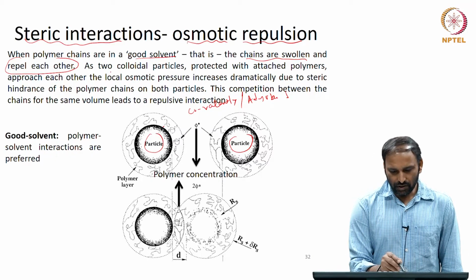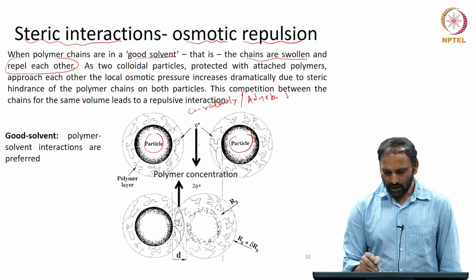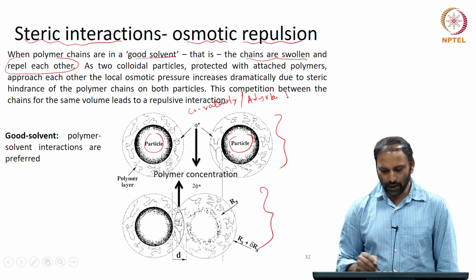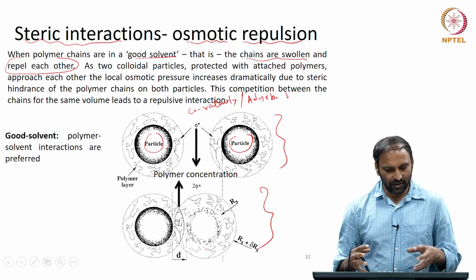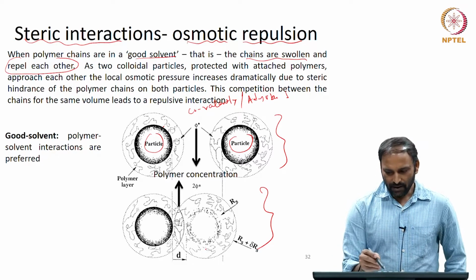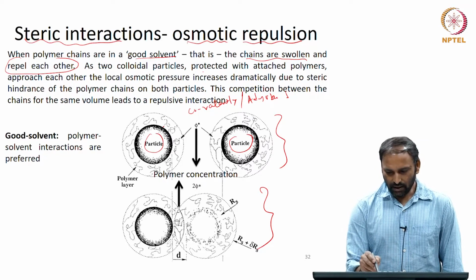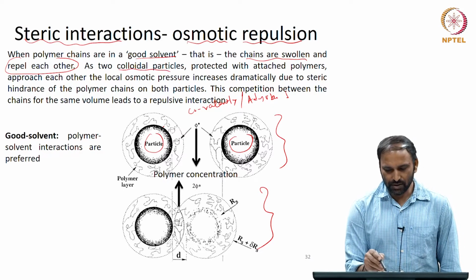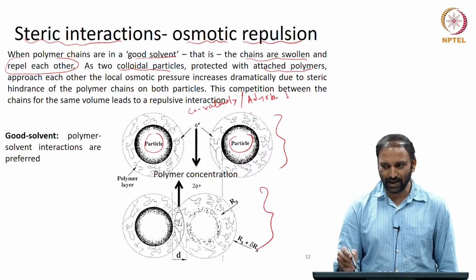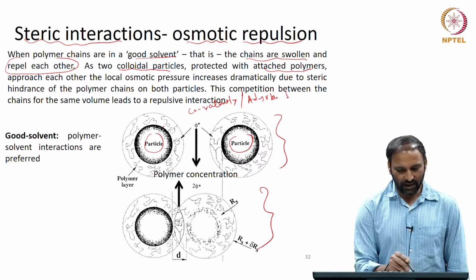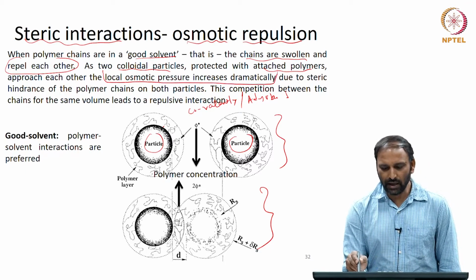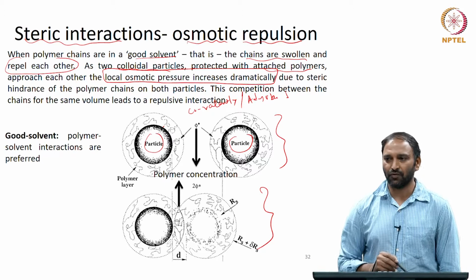So, now this is a case where the particles are sufficiently far apart. Now, this is a case where the particles have come sufficiently close to each other. Then what will happen is that as the two particles with these polymer chains, which are attached covalently or adsorbed, approach each other, you can think about it as there is a local increase in the osmotic pressure force.